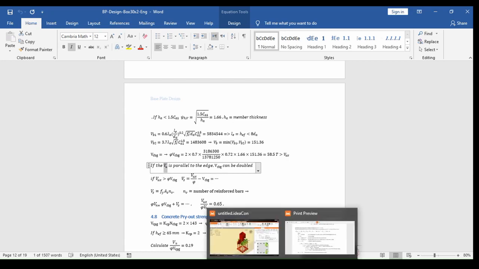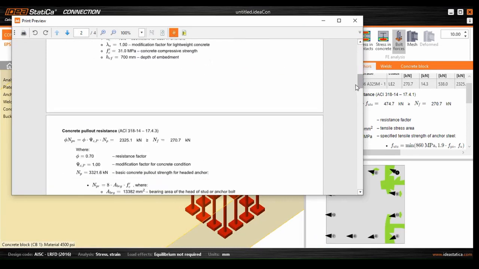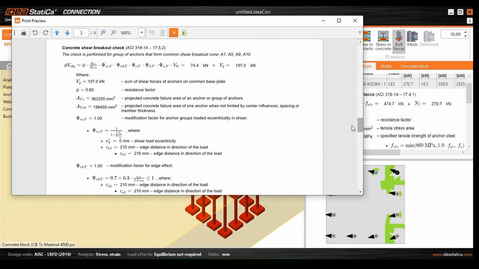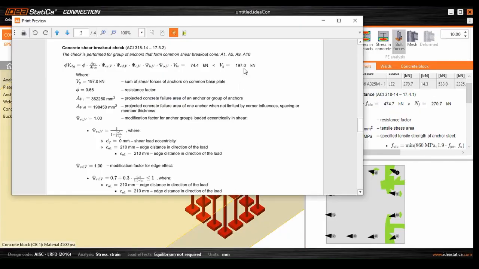So get back to IDEA, go to the part for breakout in shear. Yes, this one. Vg is 197, and here we calculated Vg as I believe Vux. Okay, IDEA has calculated 197 kilonewton.